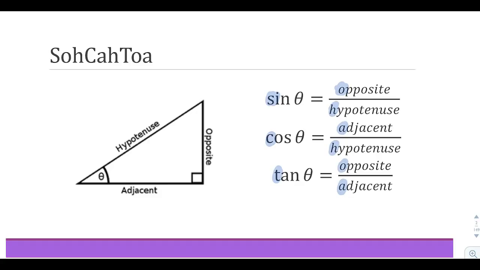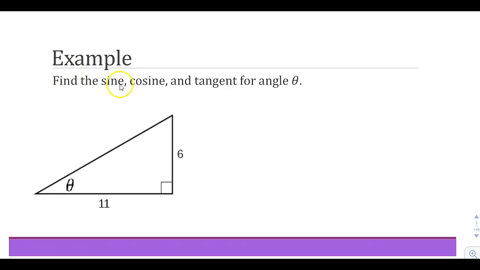In this example, we want to find the sine, cosine, and tangent for angle theta. Here's my angle theta inside of my right triangle, and I have two side lengths given, 6 and 11, the opposite side and the adjacent side. But I'm actually missing the hypotenuse. So I'm going to have to solve for that using the Pythagorean theorem.